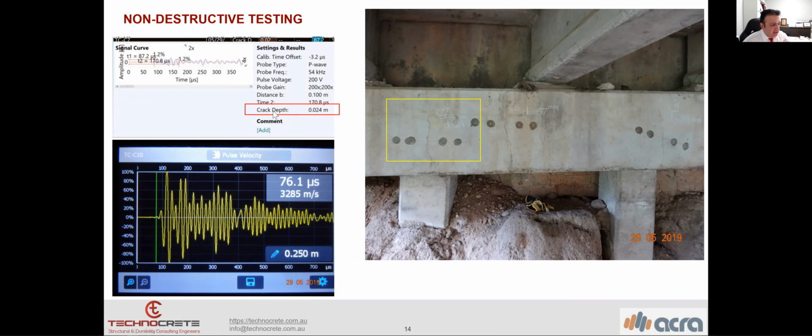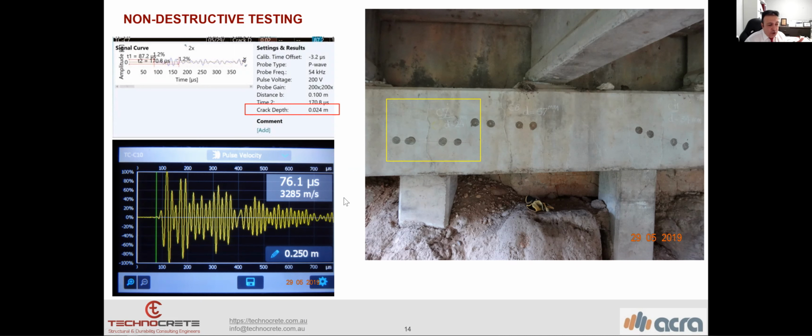As you can see here, the crack depth is 24 millimeters, which matches the actual one. And with the ultrasonic test, we can also obtain the quality of the concrete. For example, the bottom left shows 3,285 meters per second of wave velocity, sound velocity.